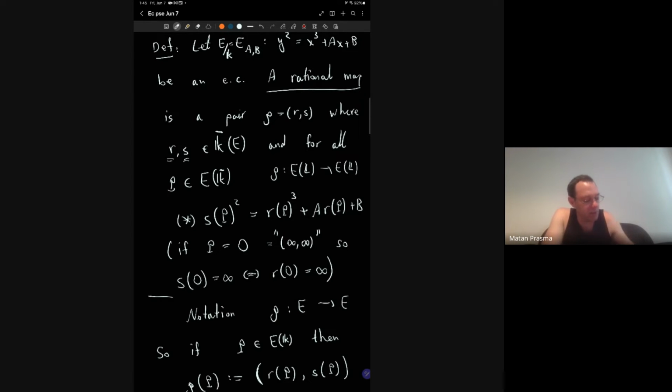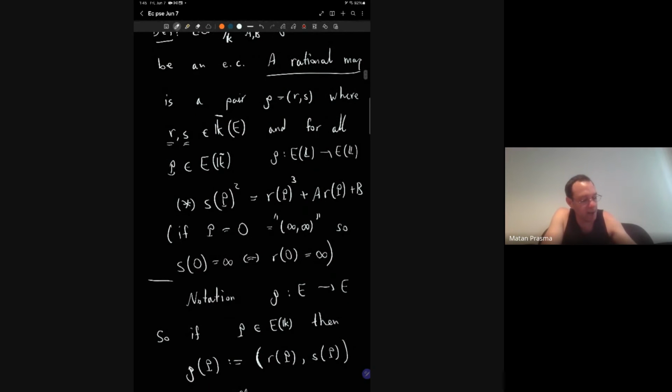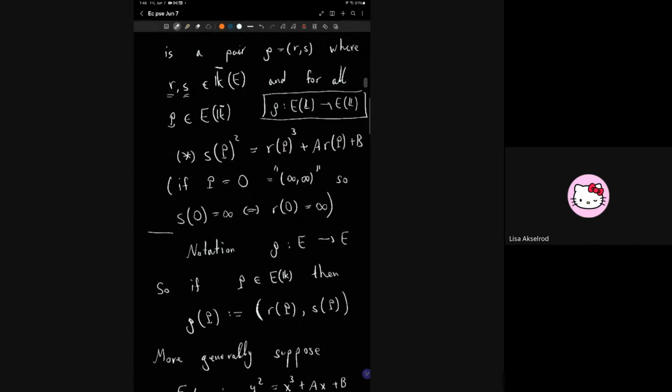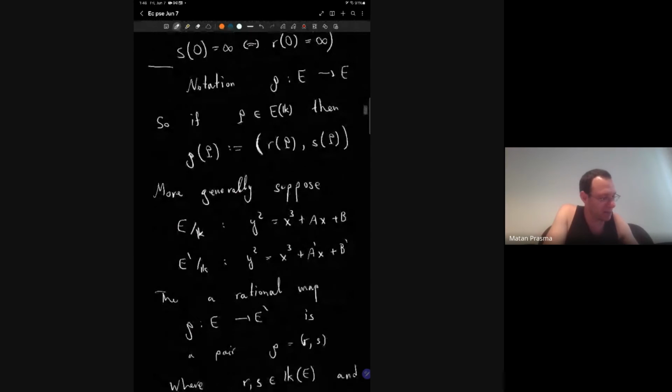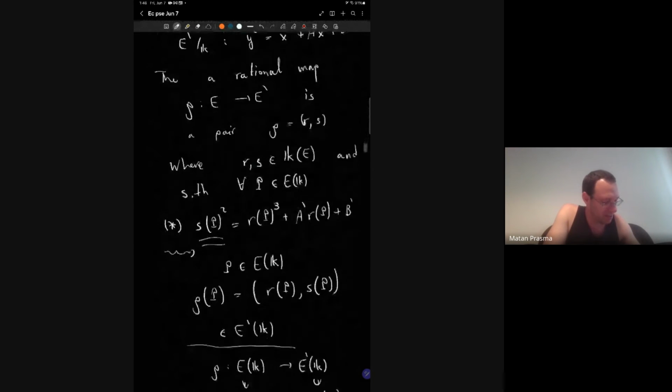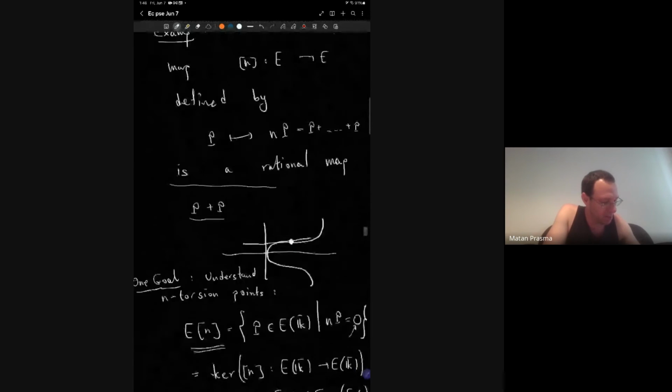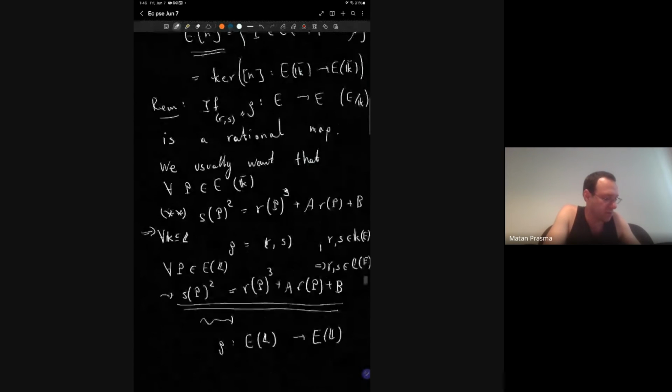And then we get an actual function from the L rational points to the L rational points for any extension L of K. Okay. So I think this may be a good clarification. This is the content of the remark.